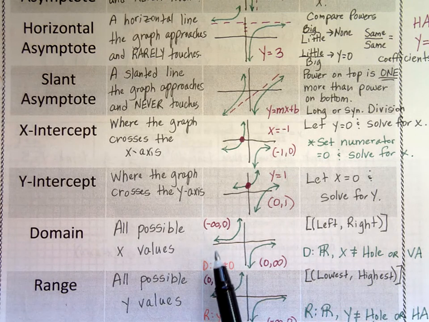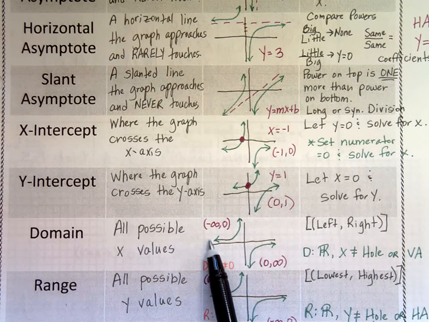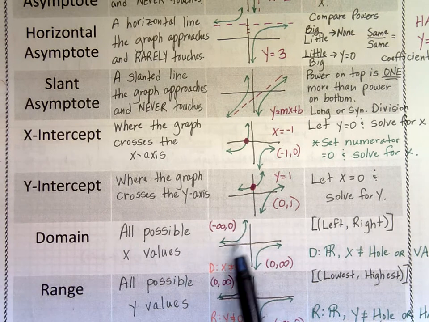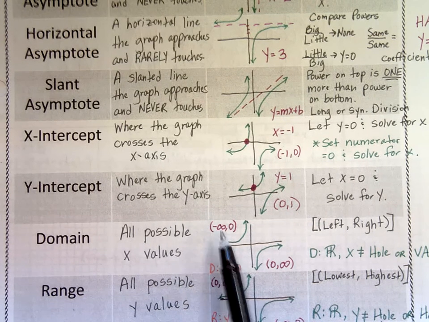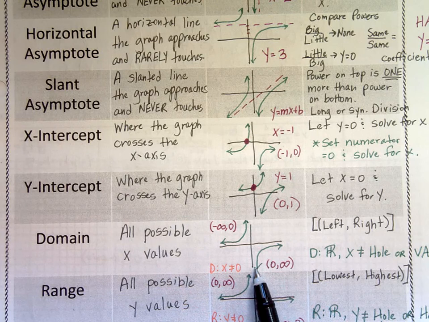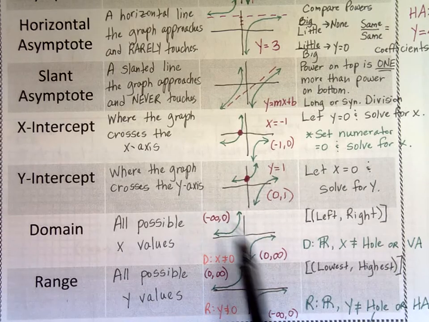The graph's in two pieces. Therefore, the domain this way is going to be in two pieces. This piece goes from negative infinity to 0, and doesn't touch either one. Well, you know you can't touch negative infinity. This piece picks up on the other side of 0 and goes to positive infinity. So one choice I have to write the domain is writing these two things.